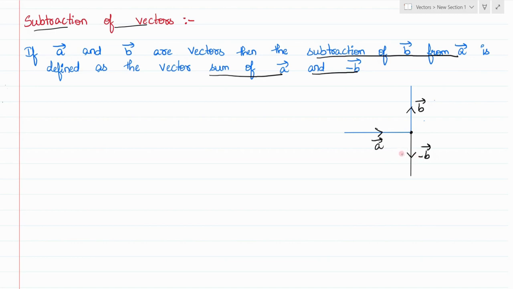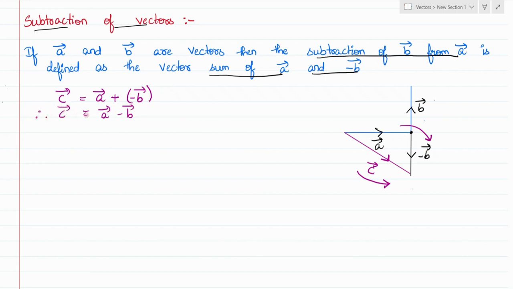So now we can add these vectors by using the triangle law of addition. Now this is the vector C. As A and minus B vectors are in this order, C will be in the reverse order. So here C becomes A plus minus B, the addition of A and minus B vector, which is nothing but A minus B. So here C is the resultant of A and minus B.